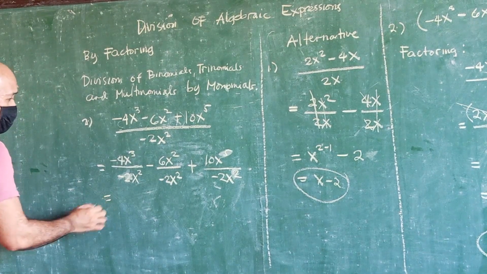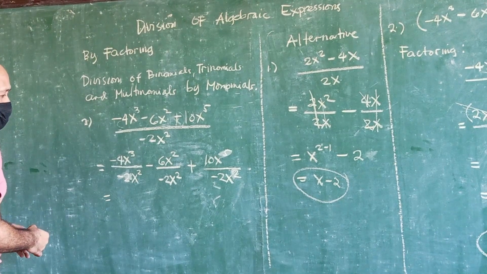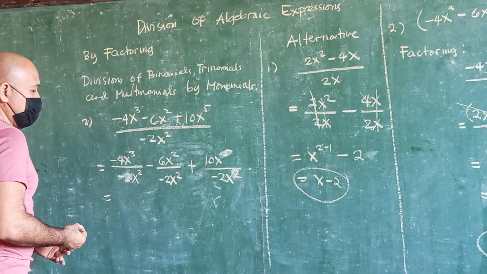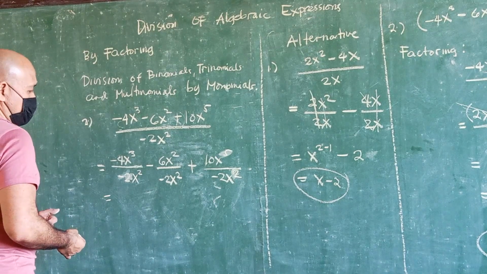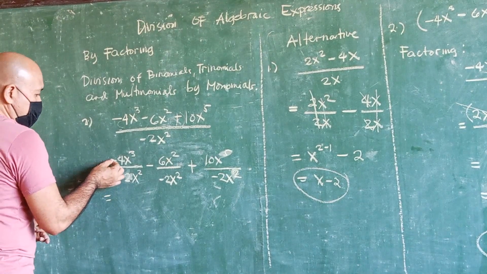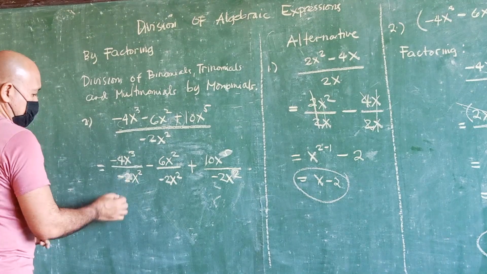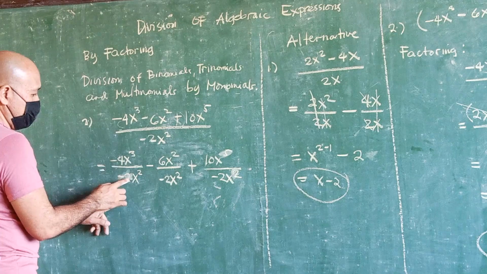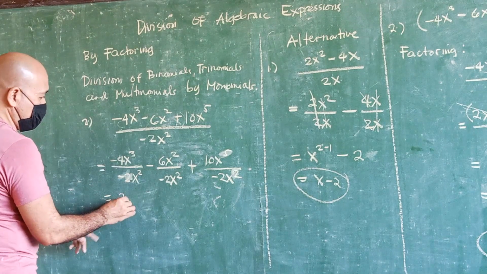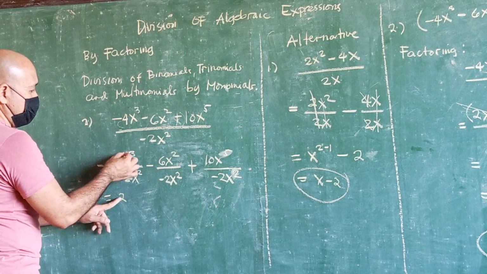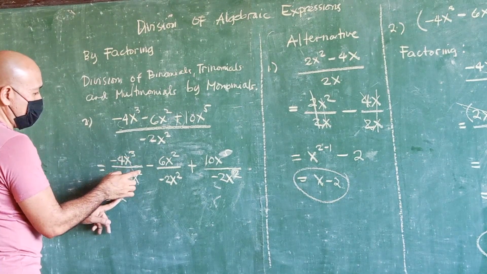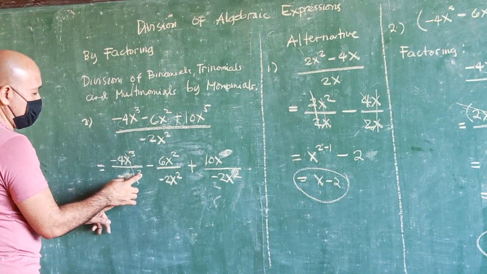And I would suggest if there are complicated signs or multiple signs, do first for the signs. So you have negative divided by negative, that is positive. So your answer here must be positive. And 4 divided by 2, that is 2. And then you are now dividing the same variables where the exponent in the numerator is bigger than the exponent of the denominator.